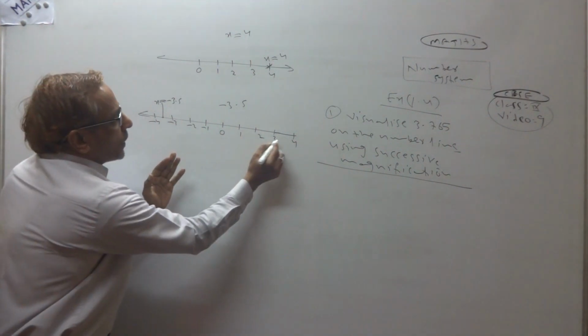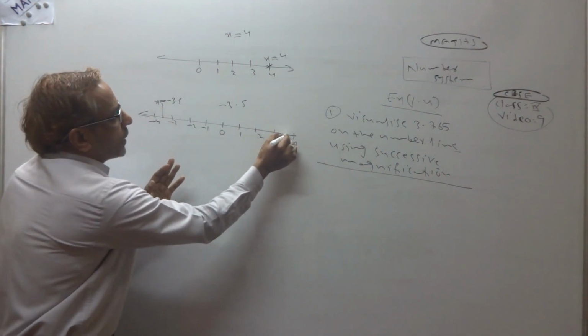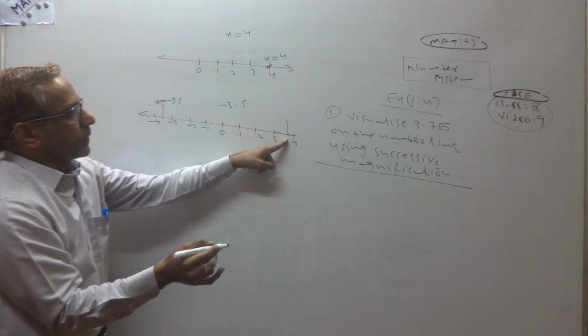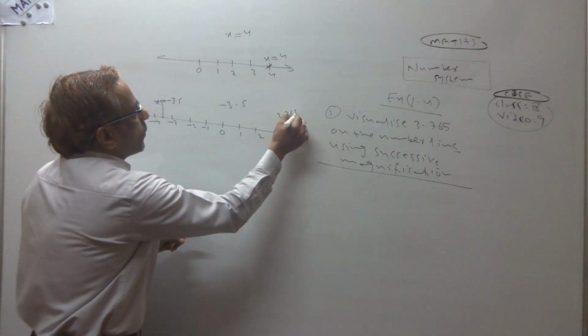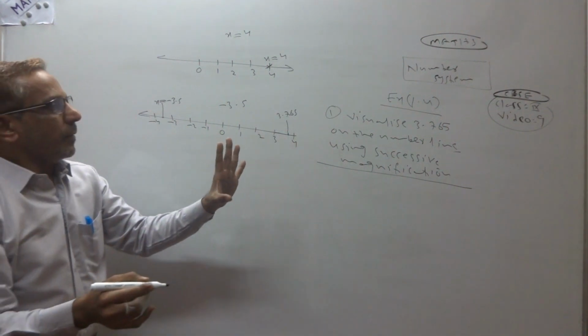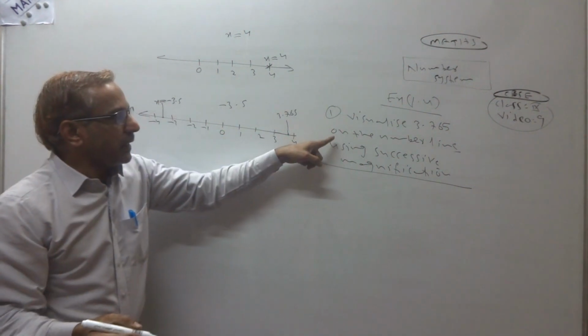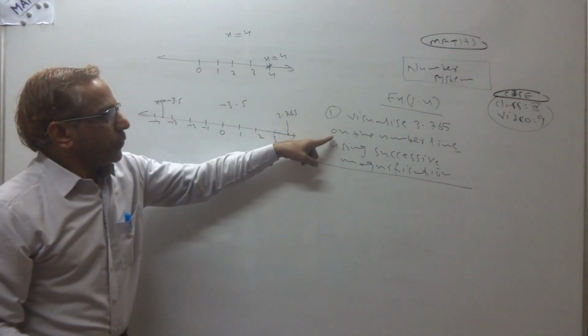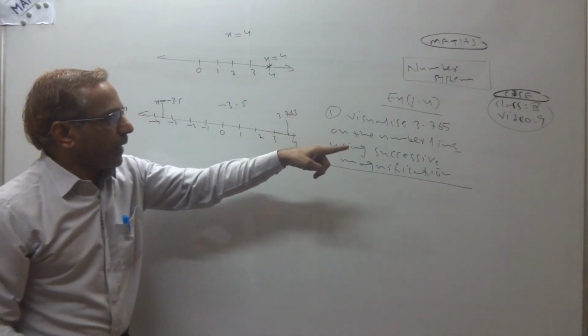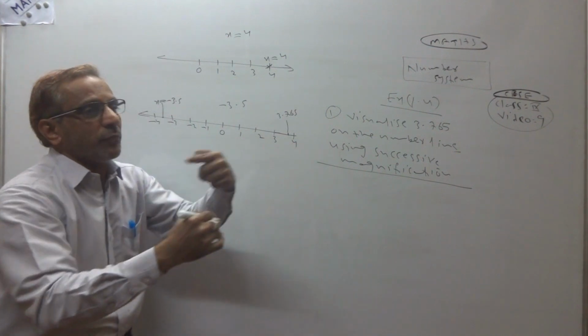It will come between 3 and 4 somewhere, right? Between 3 and 4, 3.765 will come. But it is said to represent it exactly: visualize that on the number line using successive magnification.